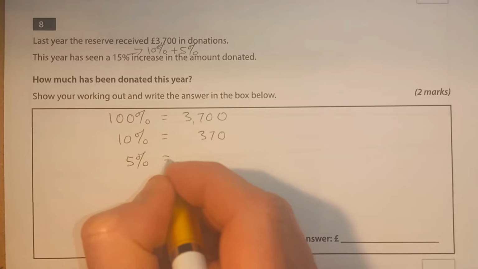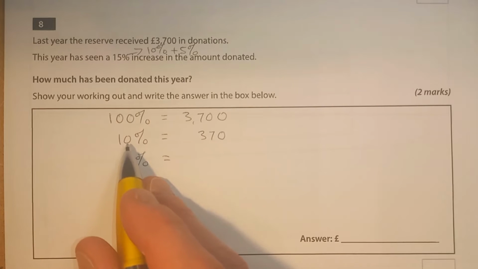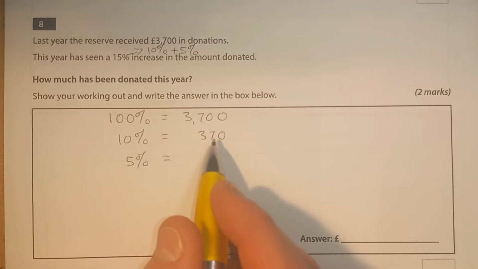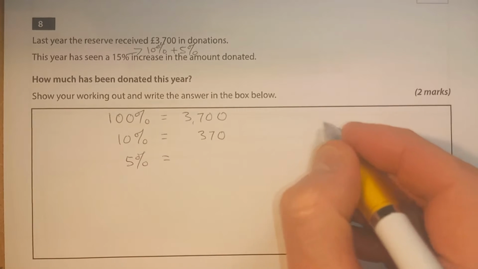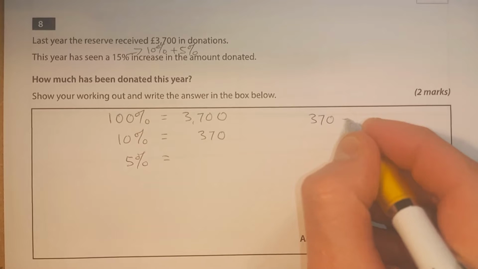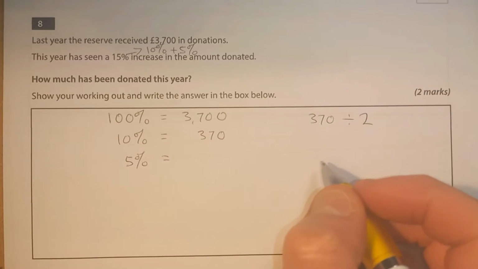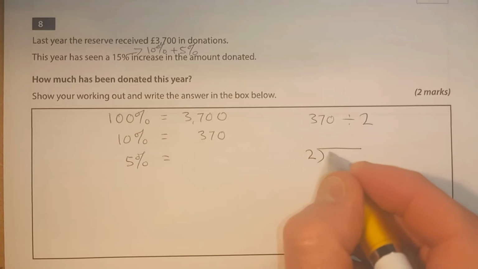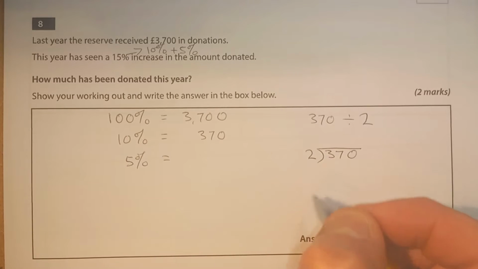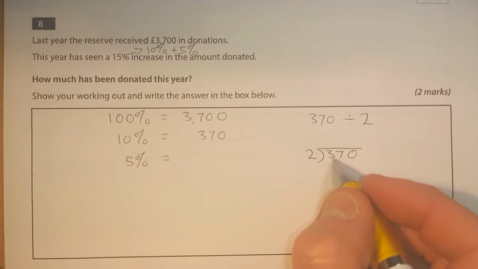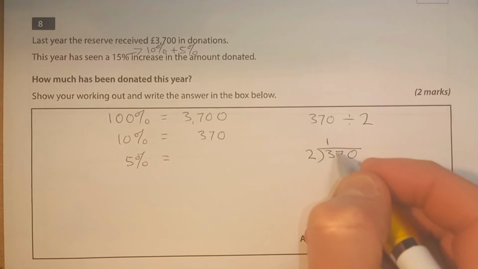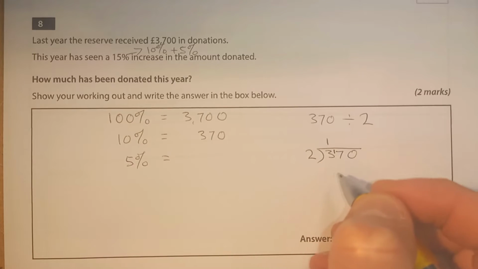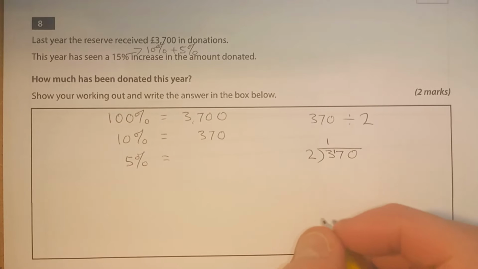5%, well, 5 is half of 10. So 5% is going to be half of 370. So we want 370 divided by 2. If we do this with the bus stop method, how many times does 2 go into 3? It goes once with 1 left over. What about 2 into 17?